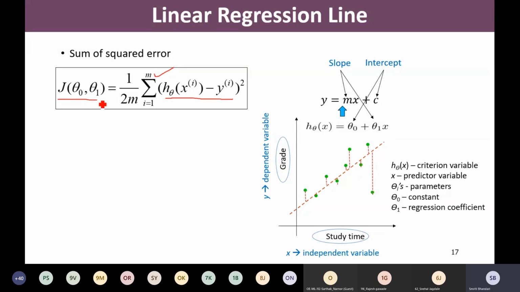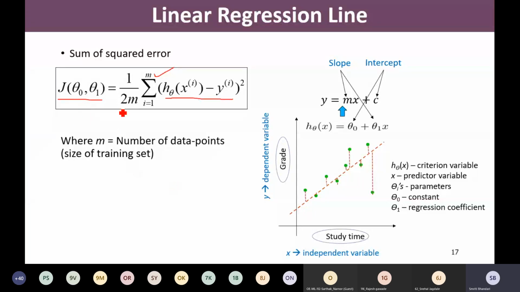So J is the function of parameters theta 0, theta 1. Our hypothesis is described in terms of theta 0 and theta 1. These are the parameters. So this entire function, the sum of squared error, is denoted as the function of theta 0, theta 1, and it is denoted as J of theta 0, theta 1.